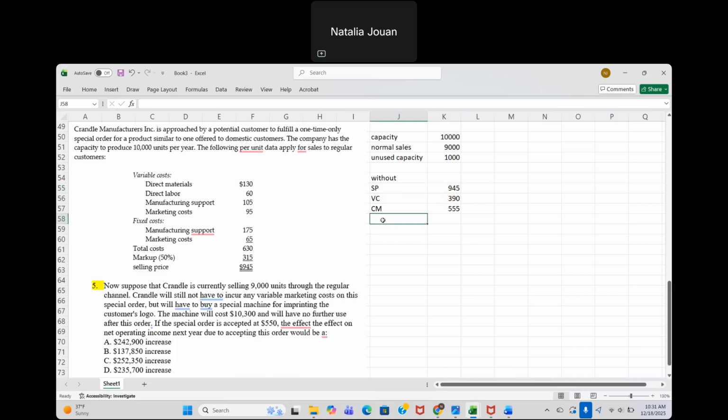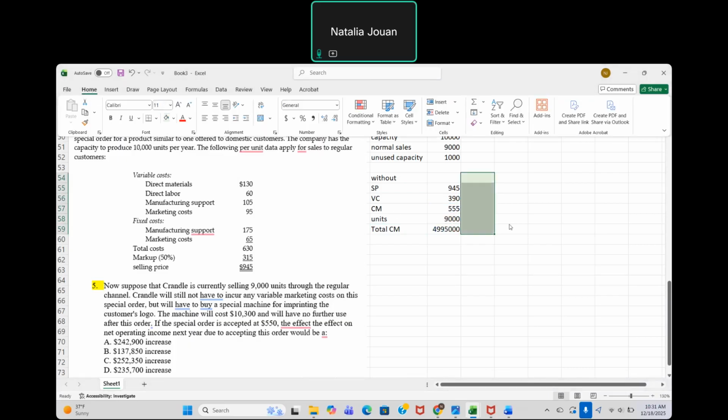And we're going to sell regularly 9,000 units. So the total contribution margin is the 555 times the 9,000 units, 4,995,000.